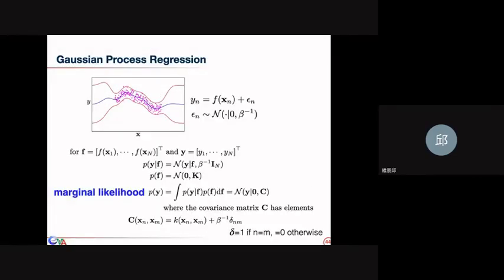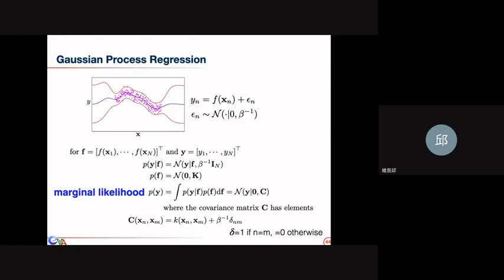So the delta function means that if n equals m, then delta will be 1; otherwise, it will be 0. So you can imagine that you only have the beta inverse on the diagonal of your covariance matrix.